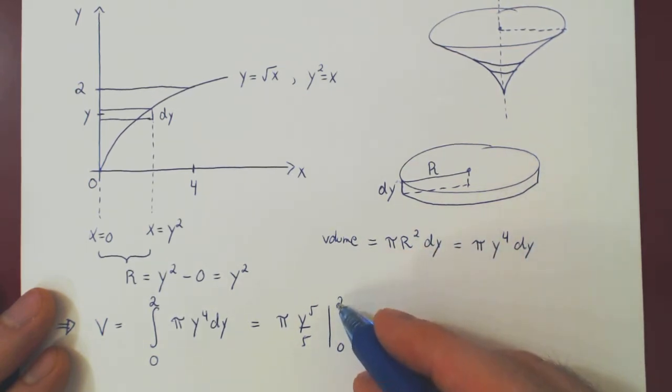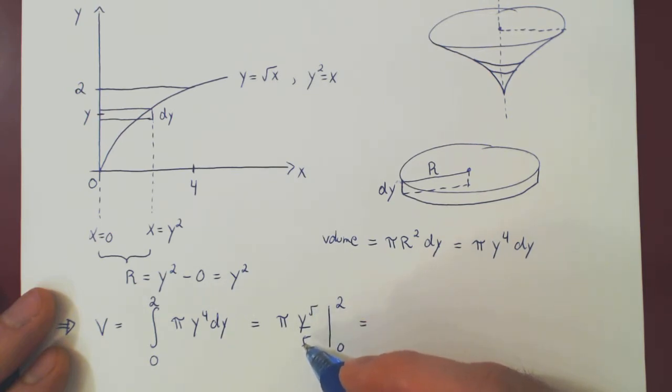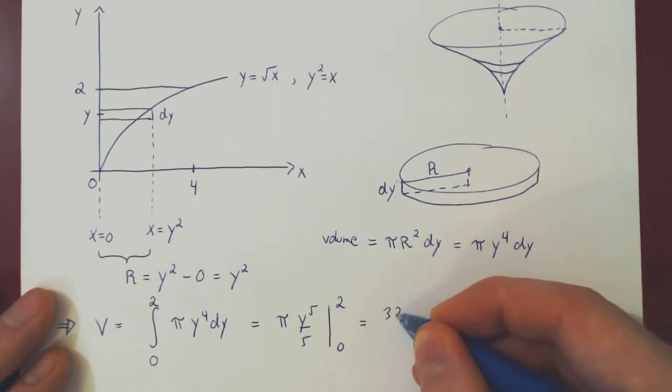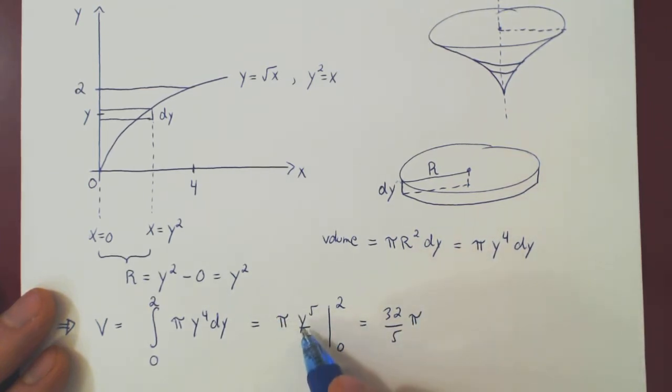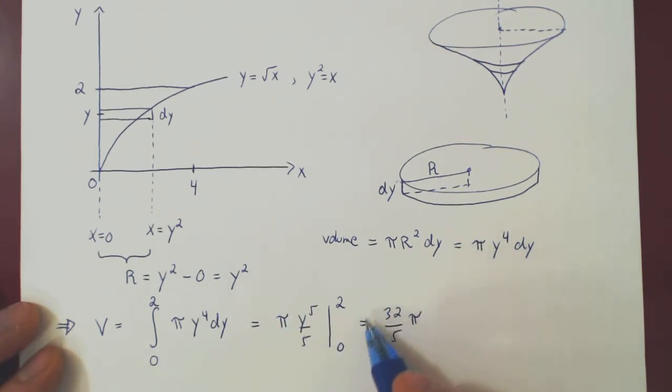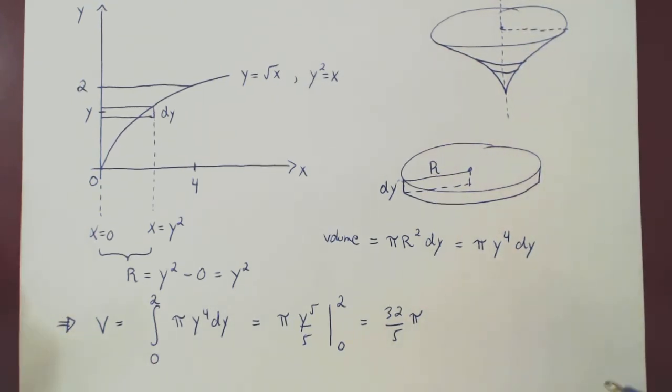So at 2, 2 to the 5 is 32, so it's 32 over 5 times pi, minus the antiderivative when y equals 0, but if you replace y by 0, you get nothing. So this is the total volume of this really nice solid of revolution. And that's it.